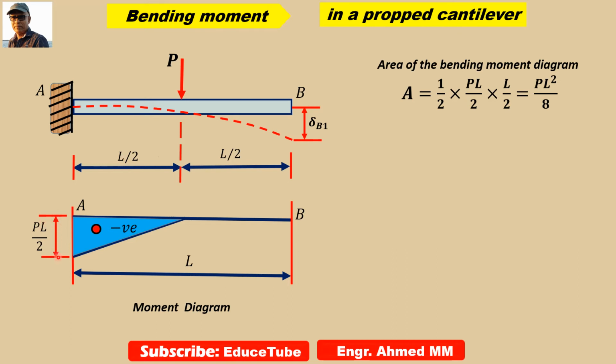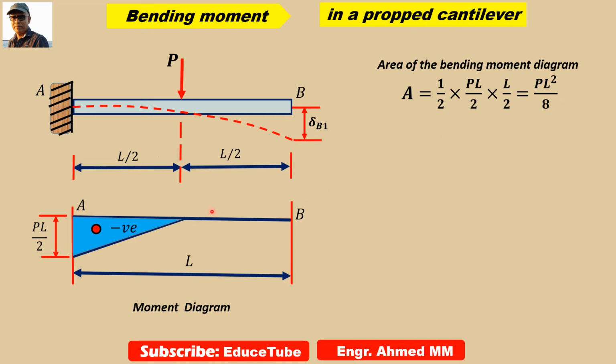So the ordinate, the vertical distance for this triangle, is PL by 2. This bending moment diagram is triangular, so we can find its area easily: half multiplied by height multiplied by base. The base is L by 2 and the ordinate height is PL by 2. So we get the area of the bending moment diagram as PL square by 8.